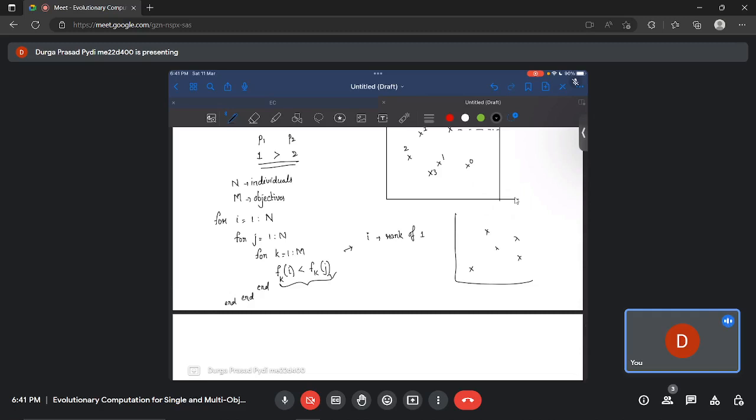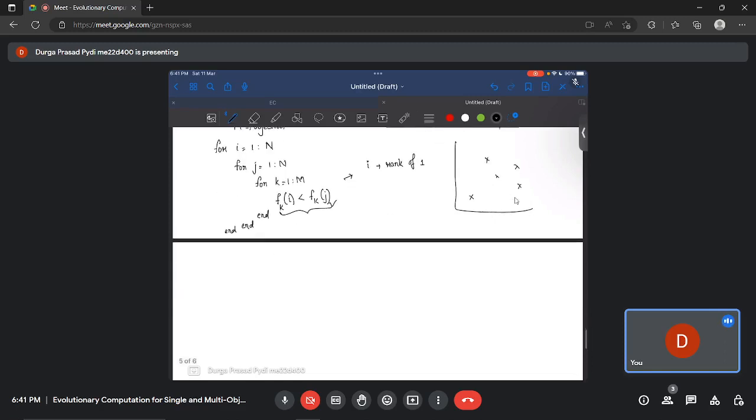Then you go to the next solution and again do the same. You have to repeat n times to get all the solutions of rank 1. So with this you will get only the solutions which are of rank 1.